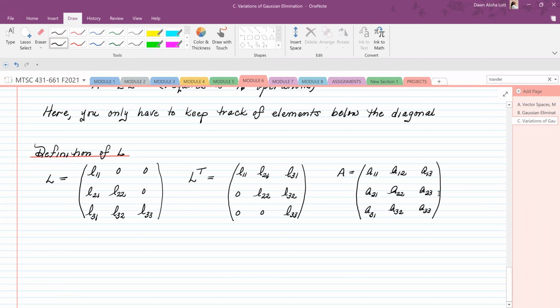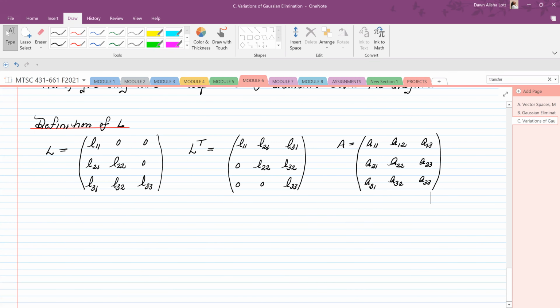When you multiply this matrix, the first thing you get when you take the first row times the first column is L11, and everything else is 0. So you get L11 squared is equal to A11. That implies that L11 is equal to the square root of A11. That's the start of it.